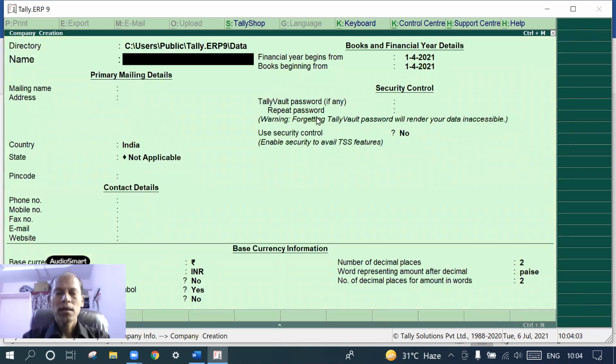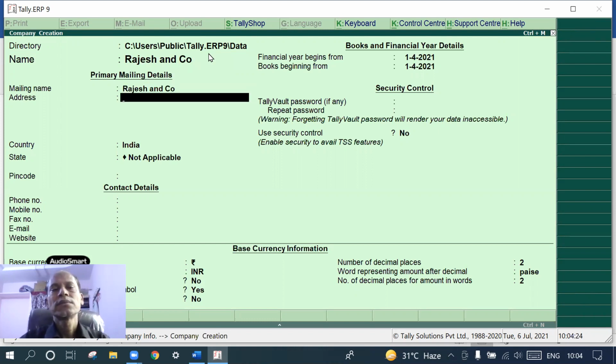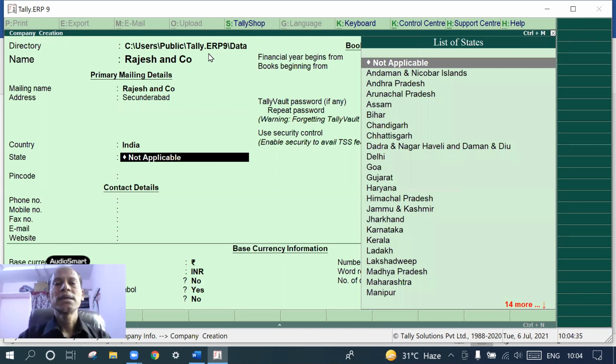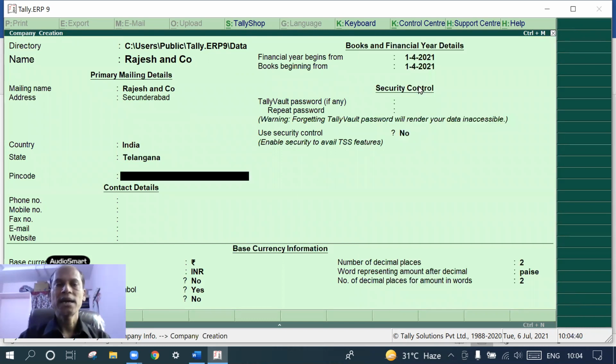On the name of Rajesh, we are going to create the company. Rajesh and Company. Enter. Mailing address is also Rajesh. Address somewhere Uppal or Secunderabad. I am entering Secunderabad. Enter. This is Telangana, so simply type TEL, select it and enter.